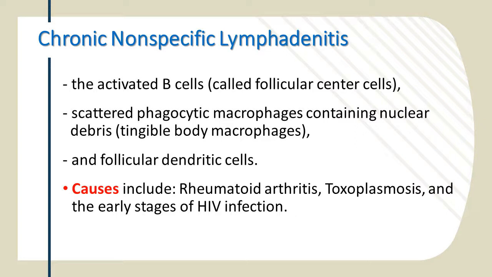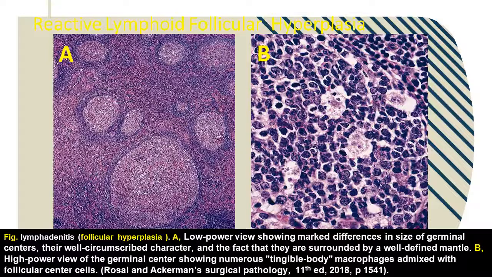The causes of chronic non-specific lymphadenitis include rheumatoid arthritis, toxoplasmosis, and the early stages of HIV infection. In general, we should know that the lymph nodes in a benign reactive process are more likely to enlarge quickly, are often tender on palpation during physical examination, and diminish in size after the infection.